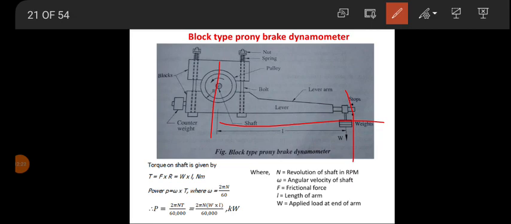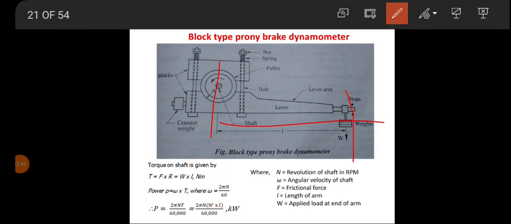So W equals the applied load at the end of the arm, and L equals the length of the arm between the center of the shaft and where the load is attached. By recording L and W, we can easily find the P value and T value, torque and power.